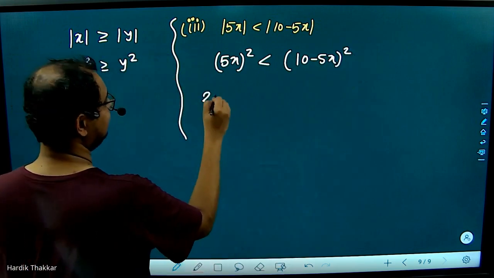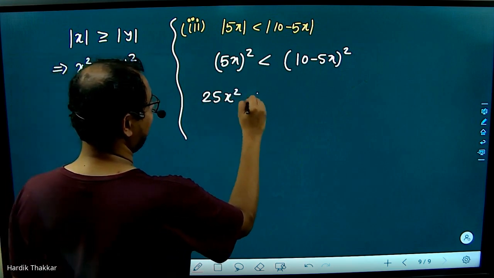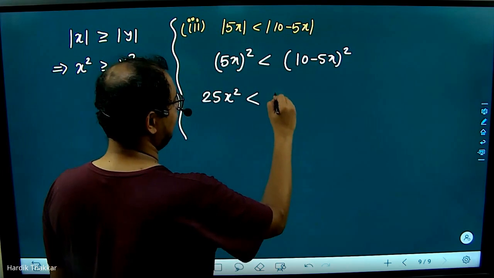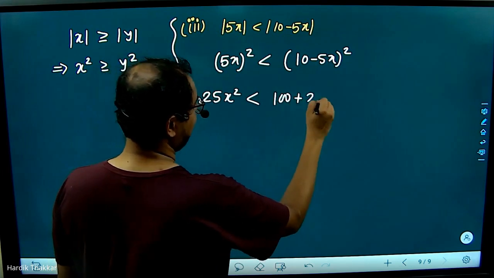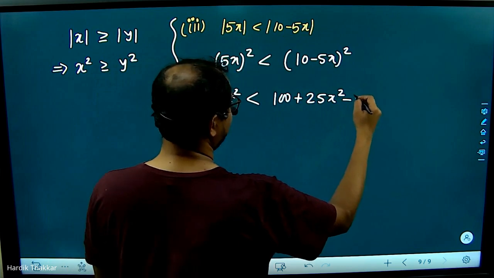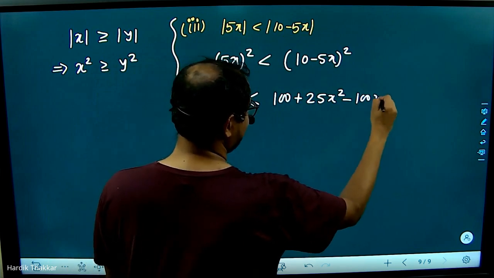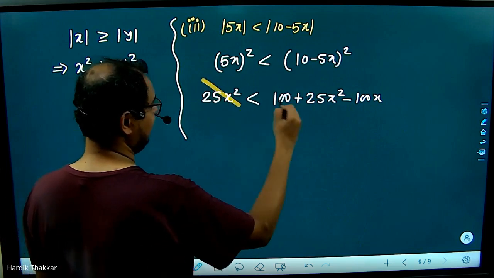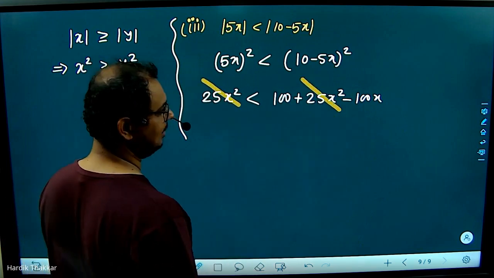On the left hand side it will be 25x square, whereas on the right hand side we will apply (a minus b) whole square, so it will be a square plus b square minus 2ab. So it will be minus 100x. Now this 25x square and 25x square get cancelled out.